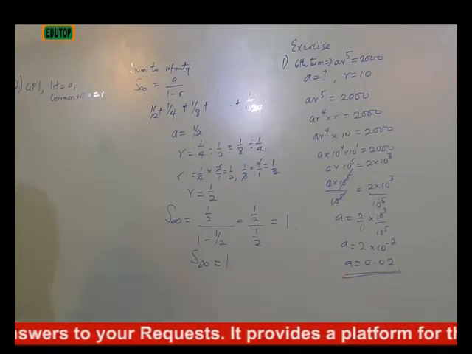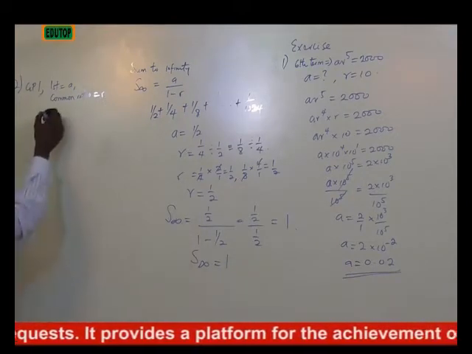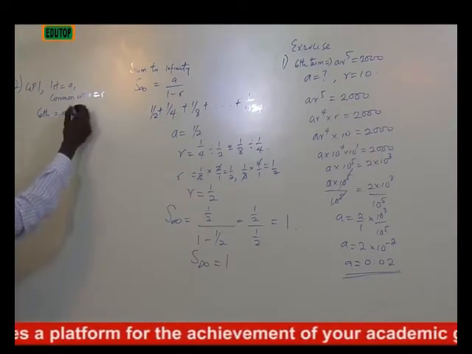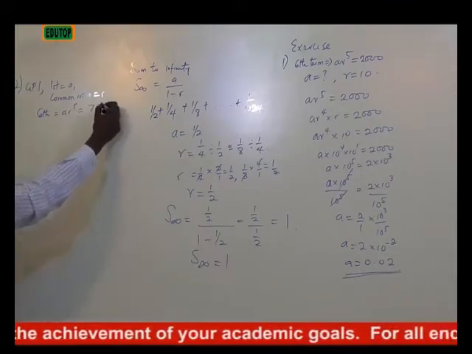Then the second GP, and its sixth term is equal to 768.